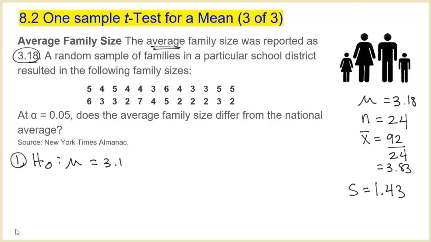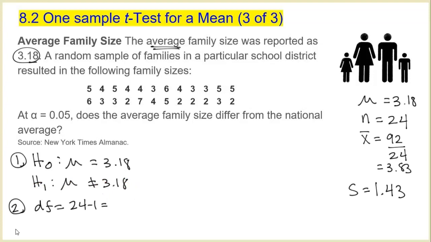So my null hypothesis is that the average family size is truly 3.18 versus, we wonder, is it really different from that? If it's different, that means it's not equal to. It could be greater, it could be less, we're just not sure. We just know it's not that number. So for the alternative hypothesis, it's mu not equal to 3.18. And then they don't mention anywhere in here about a claim, so this essentially would be our claim for this problem.